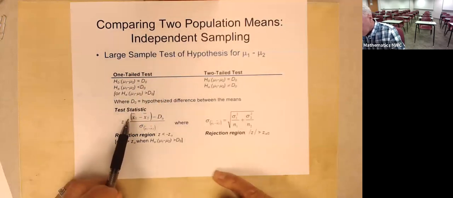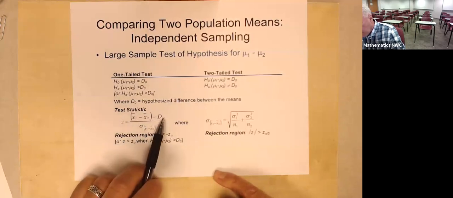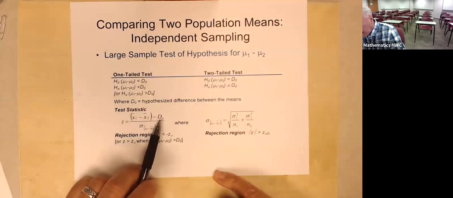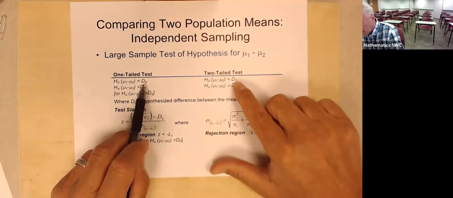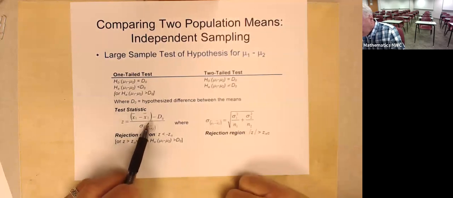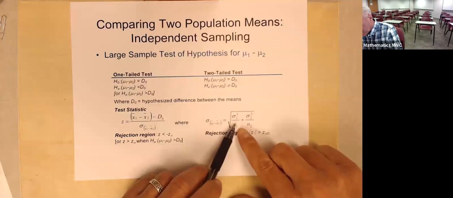The test statistic, z, in the past we just had x bar minus mu. Now it's the difference of the two samples minus the hypothesized difference. That would be this number here. We'll do a bunch of examples for that. Divided by the adjusted standard deviation, which is what this is about.